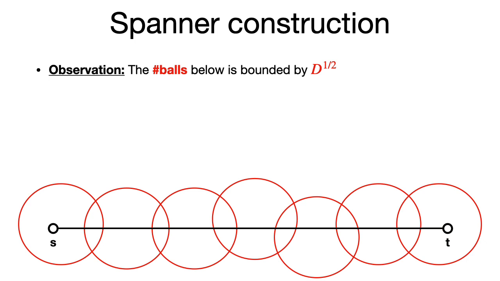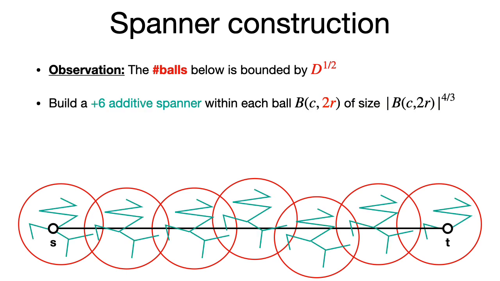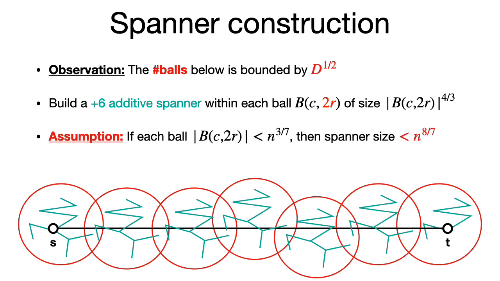To construct the spanner, we will only use the shells. Find a +6 additive spanner within each shell, which takes b to the 4/3 edges. If we're lucky and each shell has size at most n to the 3/7, then the spanner has size at most n to the 8/7.